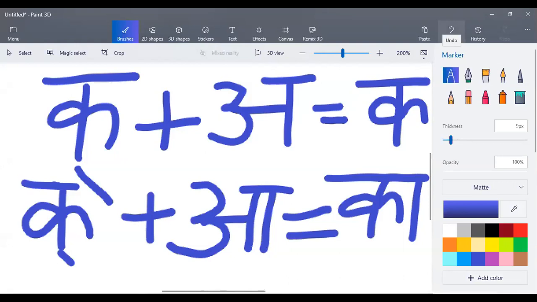Now, every time should I say the first letter of the first class plus a equals ka, the first letter of the first class plus e equals ki? Every time, first letter of the first class, I have to say it. It's a bit difficult because a pure consonant cannot be pronounced, right?